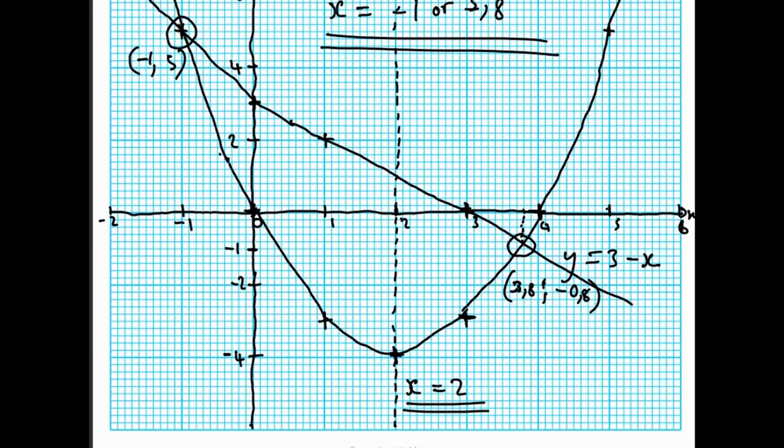That's it. If it were a line passing through y, it would be y is equal to something. So x is equal to 2 will be the answer. So we have done what is expected of us in this question.